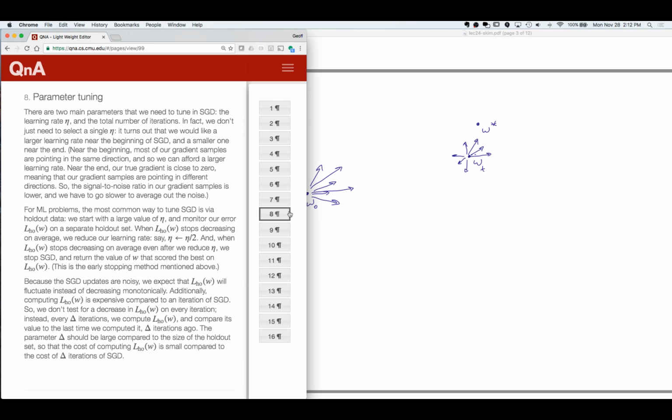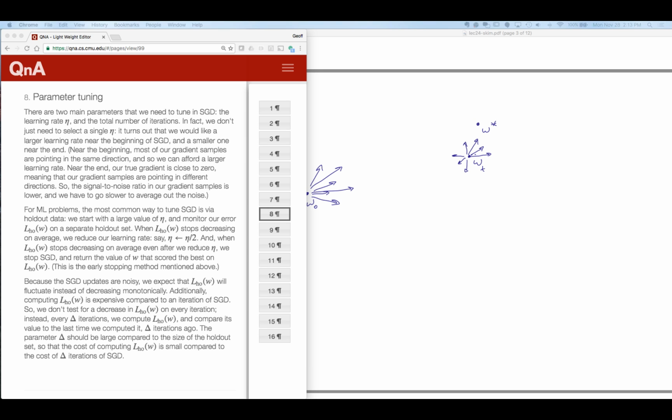So what I wanted to do was to give you guys a little bit of a chance to play with gradient descent. And so what I'm doing is I am posting to Piazza. All right, there you guys go.